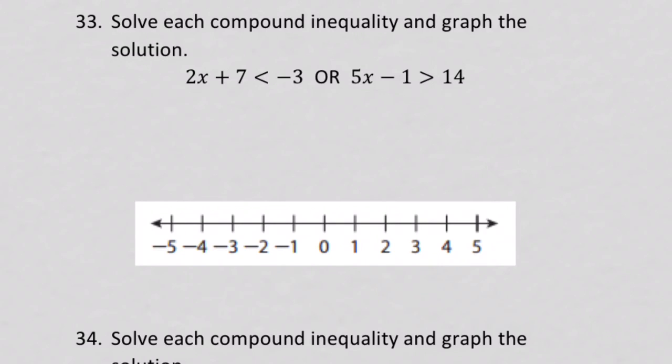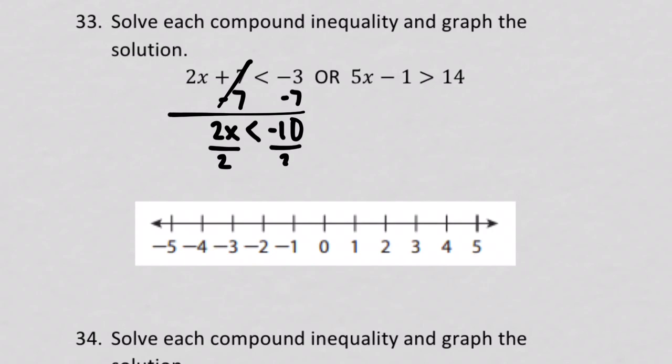Okay, let's look at 33. It's an or inequality, so I'm just going to solve them both separately. The first one, I'm going to subtract 7. Minus 7 on this side, minus 7 on that one. That's going to be 2x is less than negative 10. Divide by 2, divide by 2, and x is less than negative 5. Done with that one.